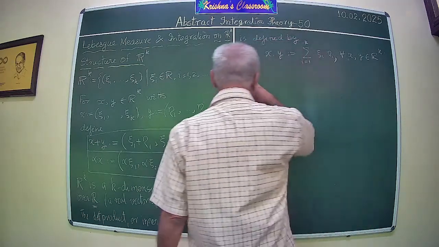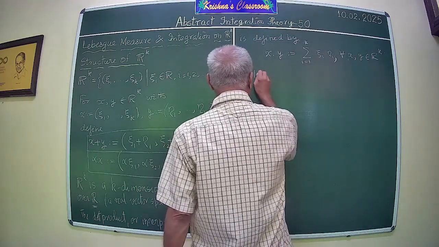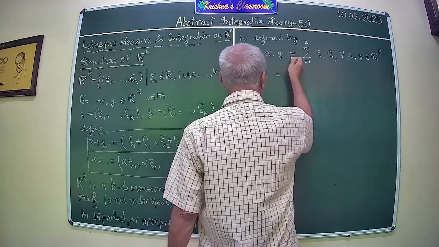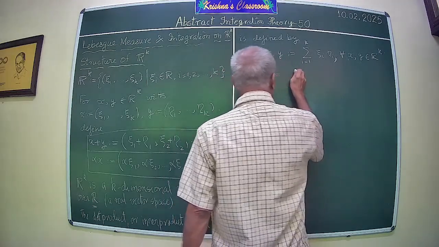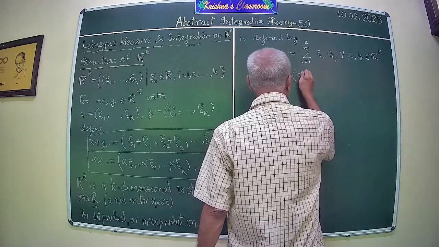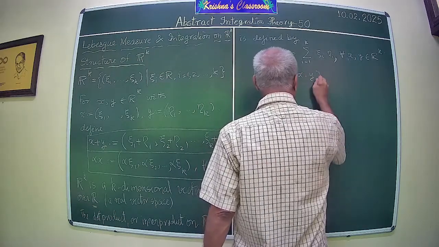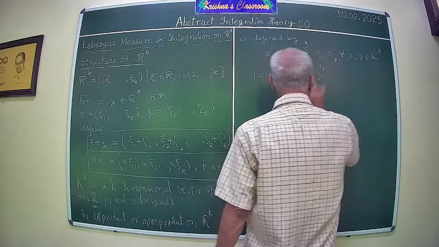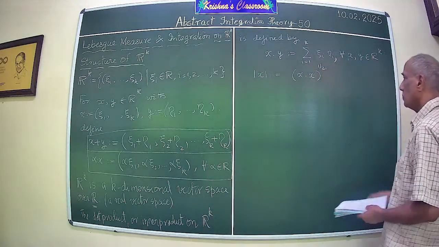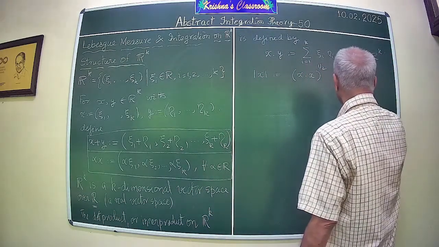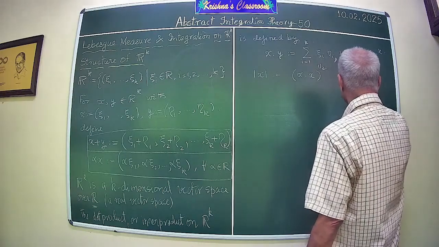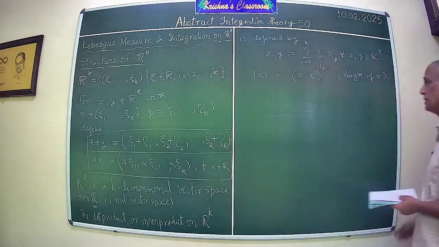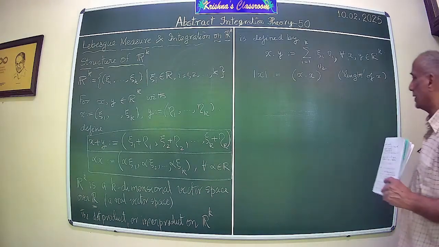And from this we can define the length of the vector. This is defined as x dot x to the power one half. So this defines the length of x.